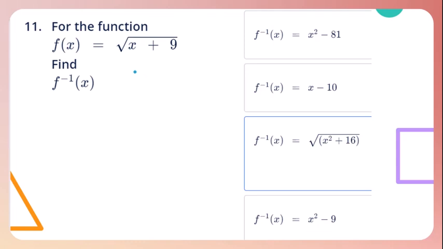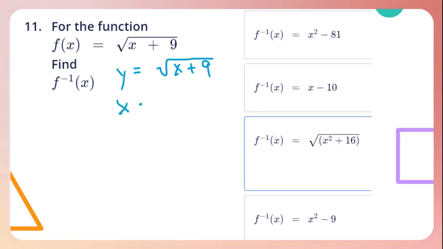Question number 11, for the function f of x equals the square root of x plus 9, find f inverse of x. So the steps are to replace f of x with y. So we're going to say y equals the square root of x plus 9. The next step is to switch the x and the y.